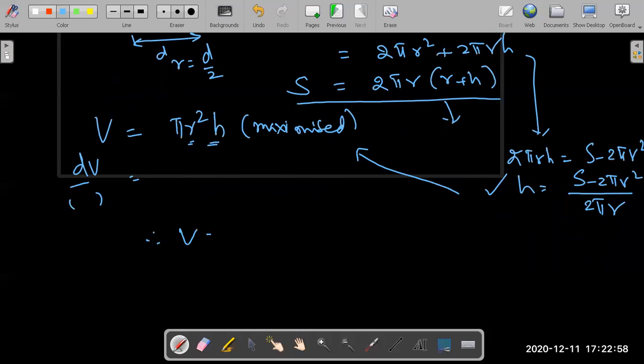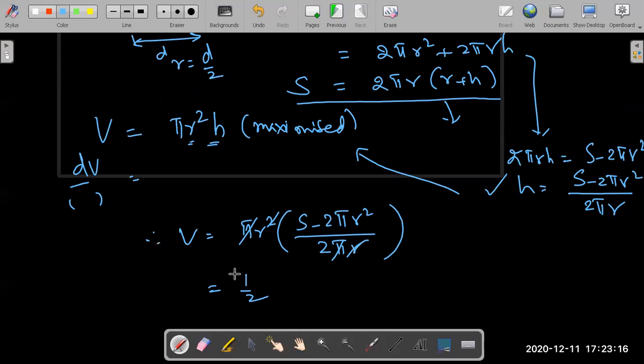Therefore, V is equal to pi r square times (S minus 2 pi r square) divided by 2 pi r. So this pi gets cancelled, one r gets cancelled. So you will have half, this 2 is from here, r into (S minus 2 pi r square).